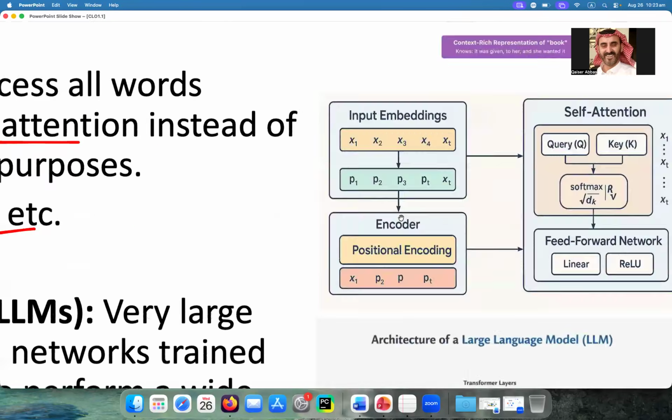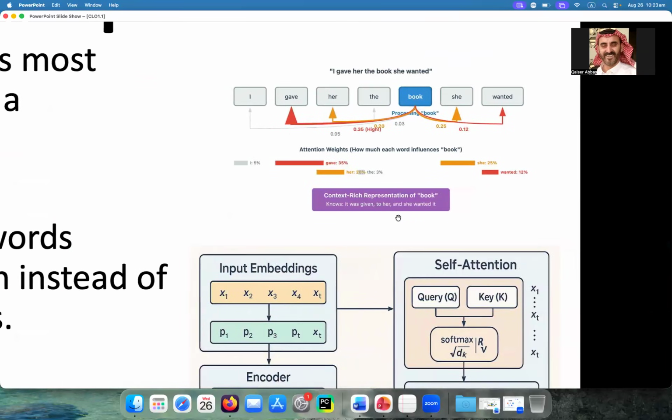Now have a look at these diagrams, especially this one, which shows how the attention mechanism does things. This is the pictorial representation of what the attention model is doing. The sentence is, I gave her the book she wanted. For this sentence, the main word is book.